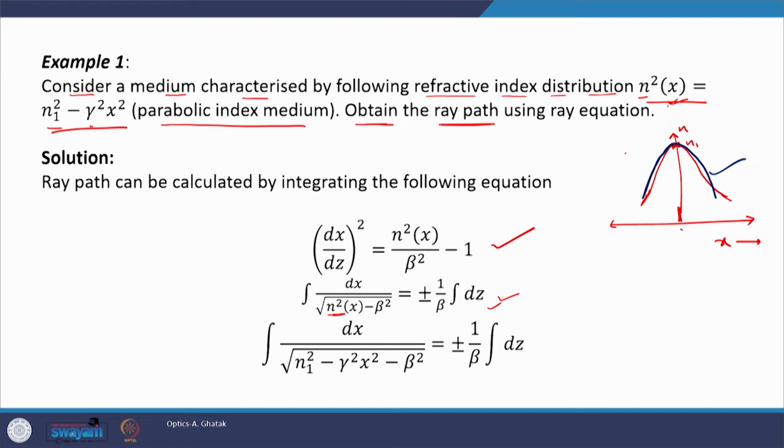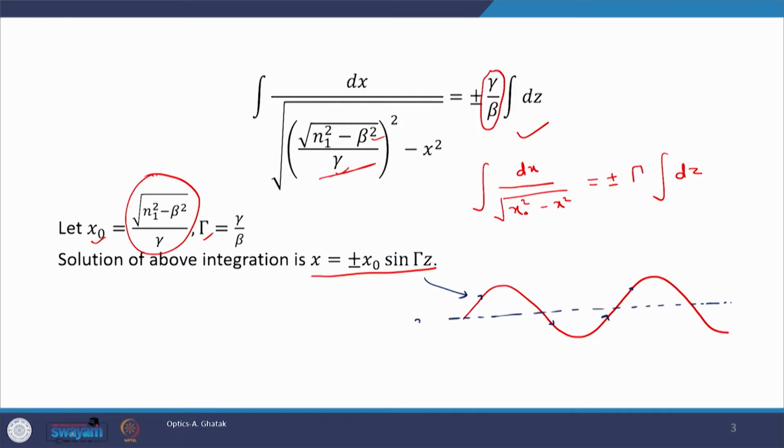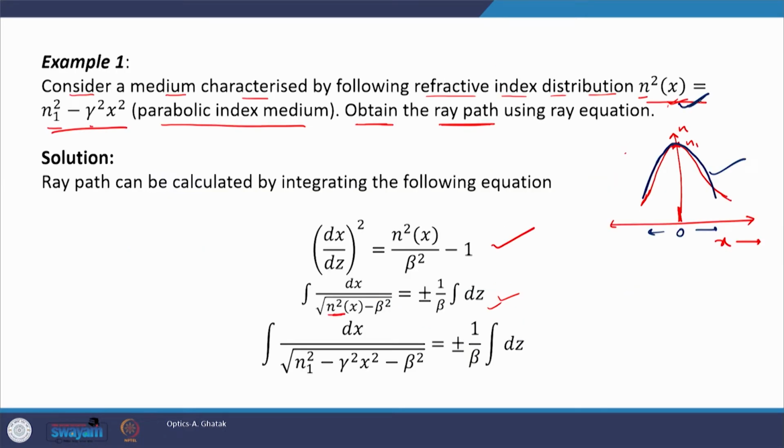This index is maximum at x equal to 0, and if you move away from x equal to 0, the refractive index decreases. The same thing is here: x equal to 0 is this horizontal line, where the refractive index is maximum, and if you move up or down along the x axis, the refractive index should decrease, as per the question.